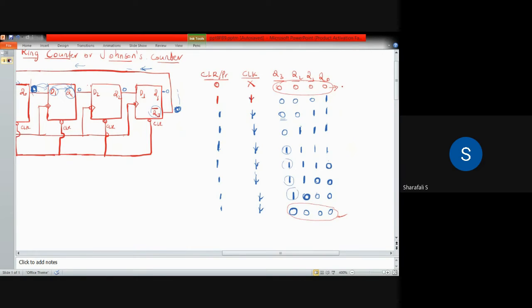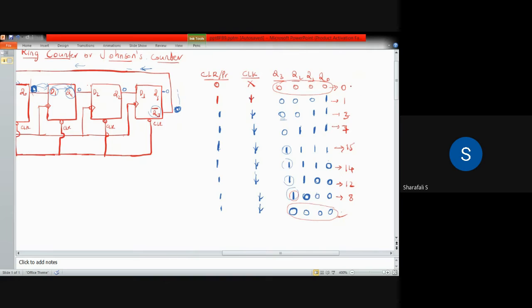So this is corresponding to 0, 1, 3, 7, 15, 14, 12, 8, and this one is again 0.